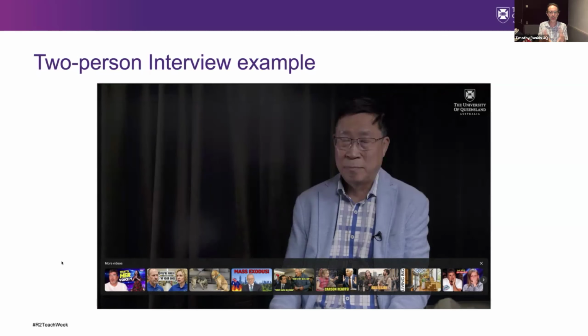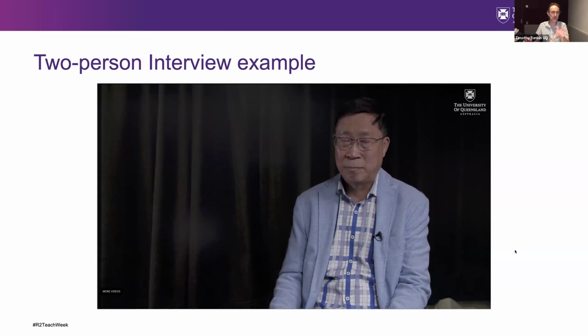Again, these are really good if your interview wants to be more conversational, and both parties are very happy to be on camera at the same time. This is a really good option for that. And actually, this two-person interview is the example I'm going to use today when we're doing our editing as well. So I'm going to show you how you piece that together in Premiere.